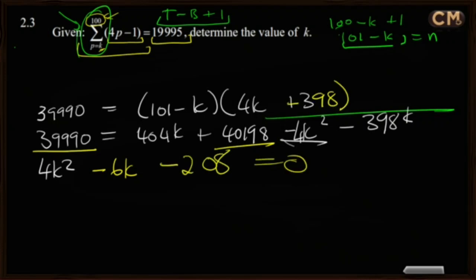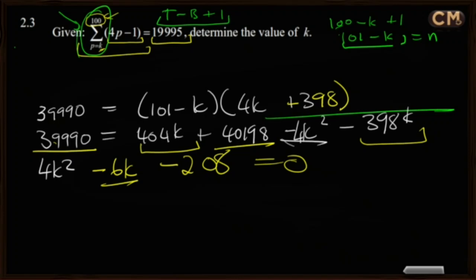This is what we're left with, because that's 404 minus 398 gives us that, and 39,990, subtracting of course 40,198, gives us minus 208.